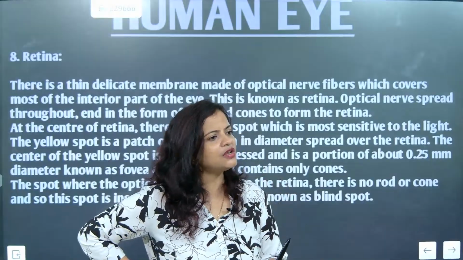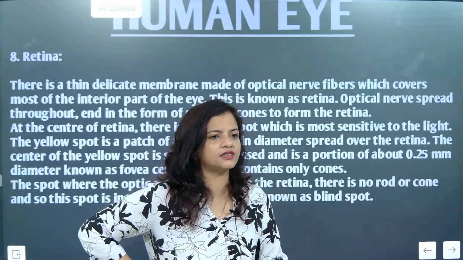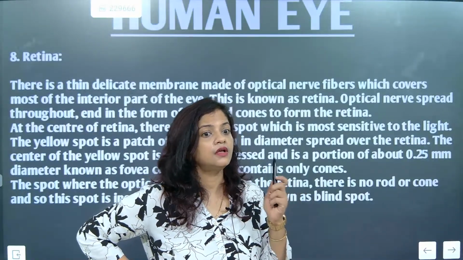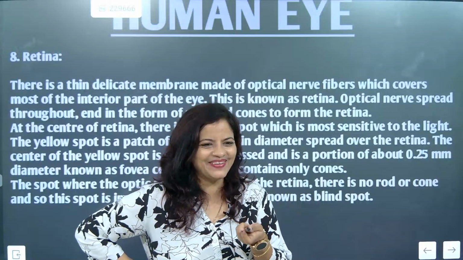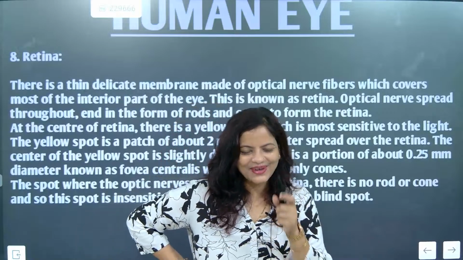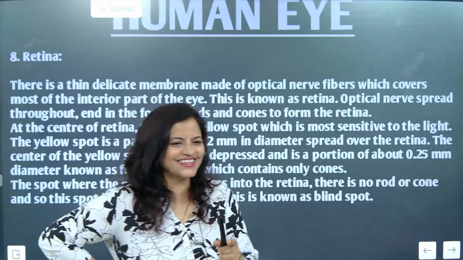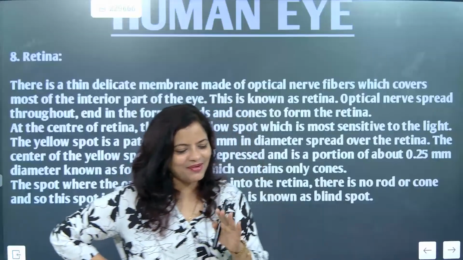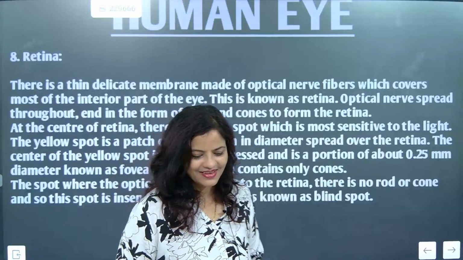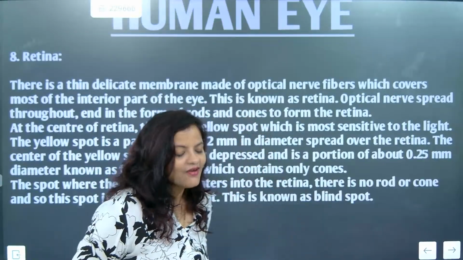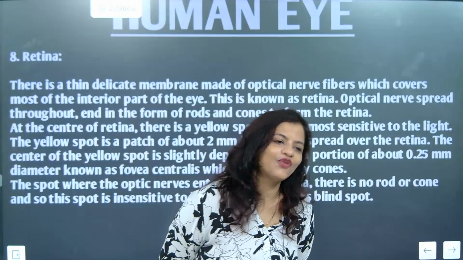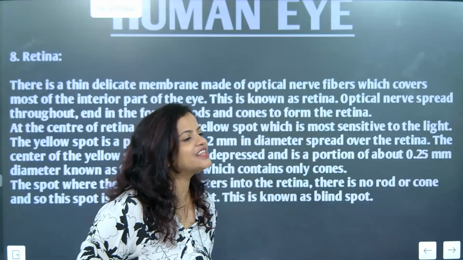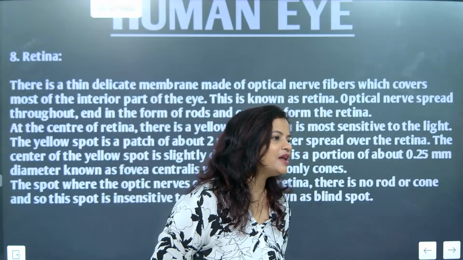Contraction will increase the focal length or decrease? Just now, two minutes before, I discussed it. Now you are saying that. Come on, say again. Contraction will decrease the focal length and relaxation will increase the focal length. Understood, beta?